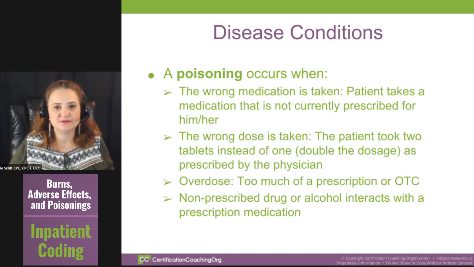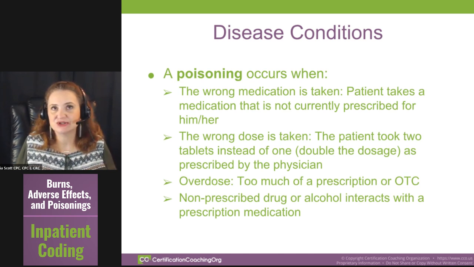Poisonings, what happens? We're just reiterating. The patient takes a wrong medication, not correctly or currently prescribed, or the wrong dose is taken. They take double the dose, and this happens so often. When I use the term ignorance, I mean lack of knowledge.